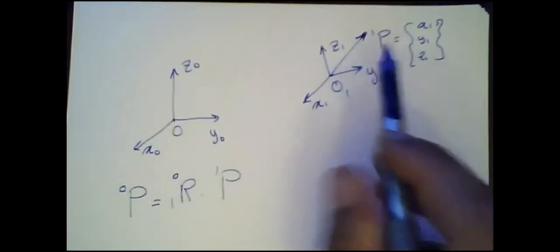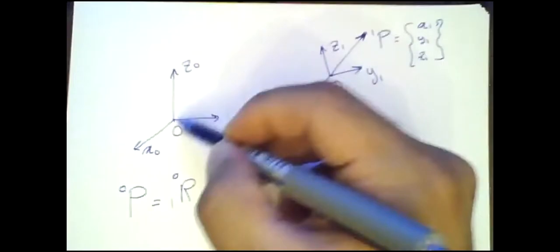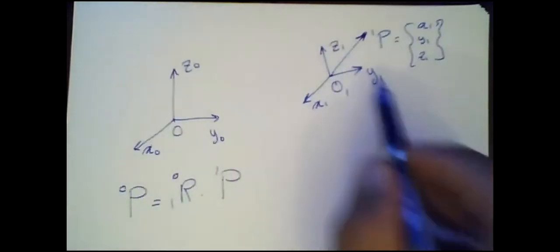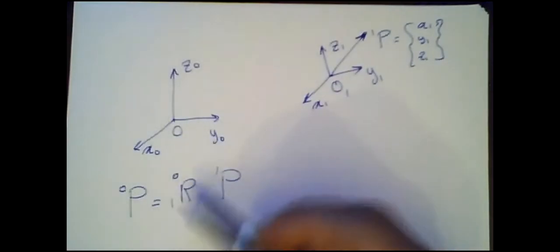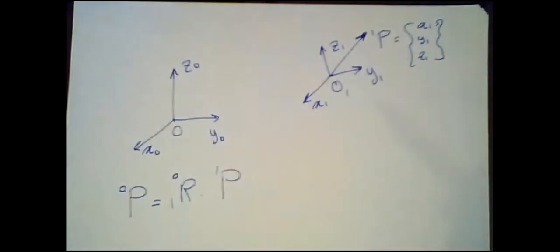I'm taking this vector which has X1, Y1, Z1, and placing it here. When I do the transformation, I'm simply finding the coordinates of this vector as if you take it, put it here, apply this rotational transformation on it, and then find its corresponding coordinates in that base frame.